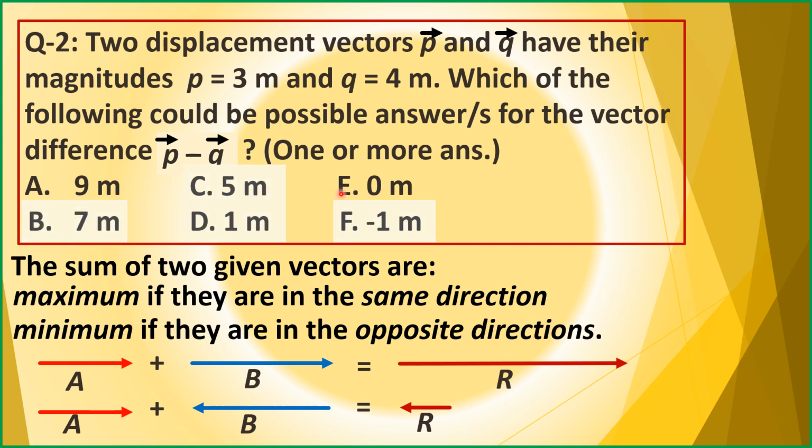It cannot be letter E, or 0 meter, simply because the magnitudes of the two given vectors, 3 meters and 4 meters, when added vectorially, regardless of the direction, will never be equal to 0 meter.